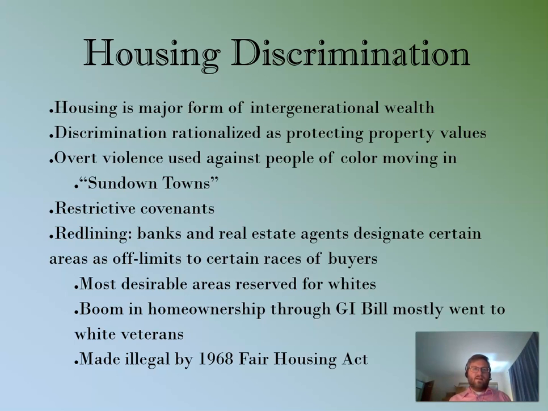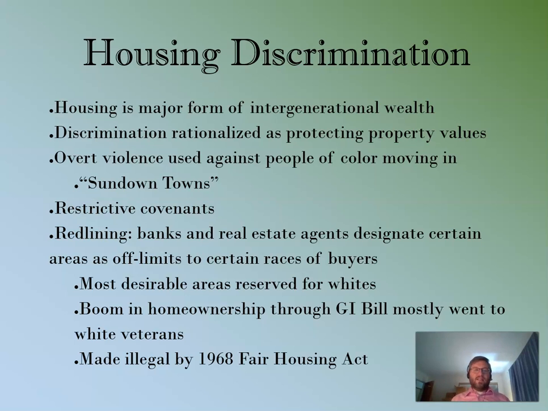We'll steer our black home buyers into these other neighborhoods. And of course, the areas that were being set aside for white homeowners by this practice were the most desirable areas to live, right? The areas with the best environmental conditions, among other things.